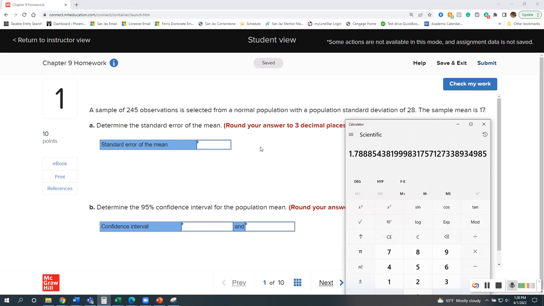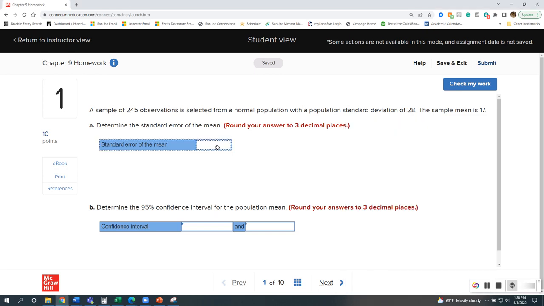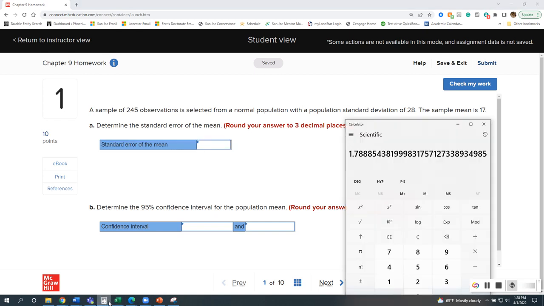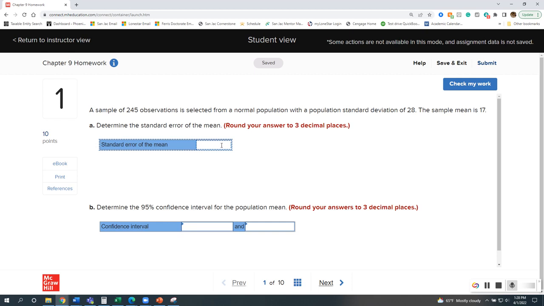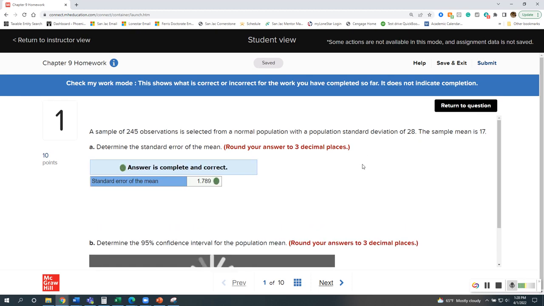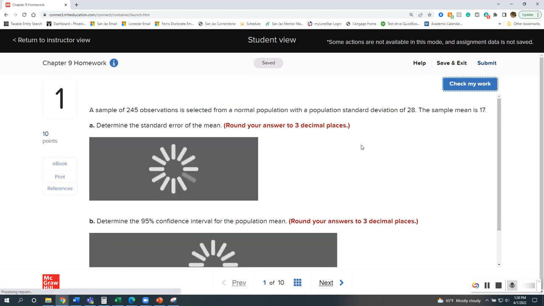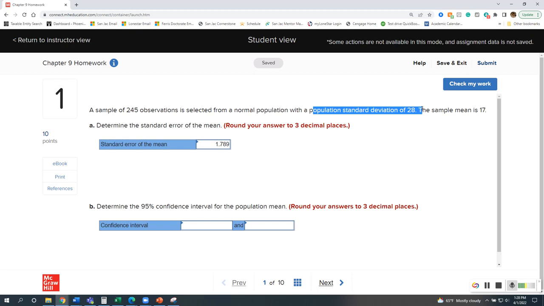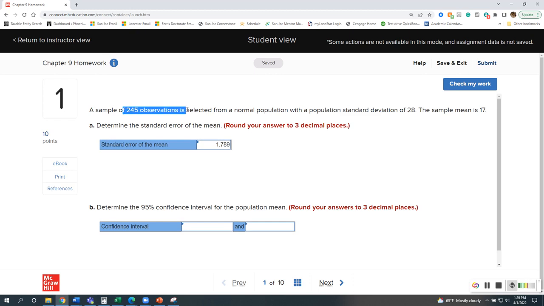There we go, I didn't press enter. So it is 1.789. Again, we need to round to the nearest one, so always hit check my work. We take the population standard deviation and divide it by the square root of our observations.